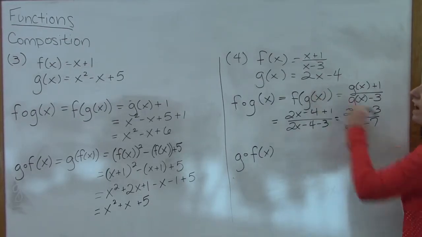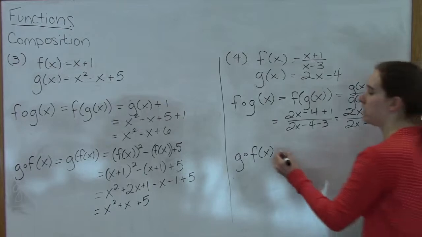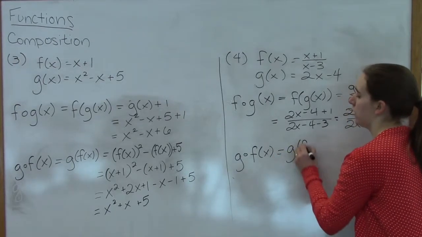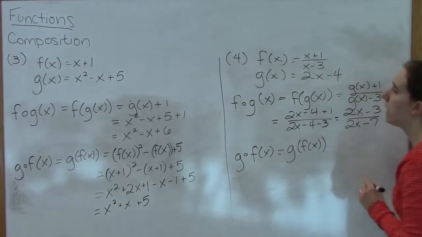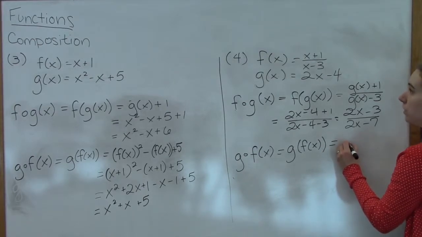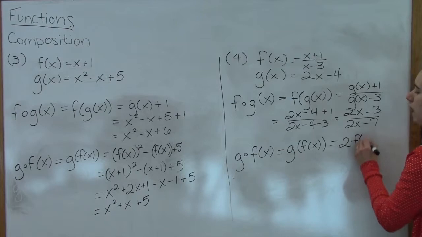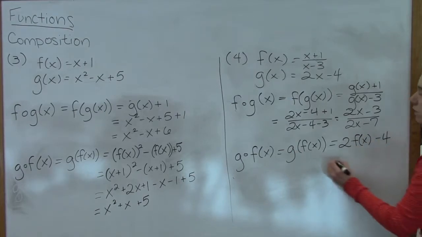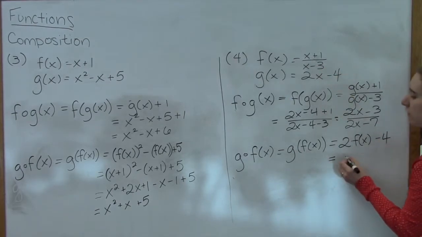Well, in g, I only have one place I'm going to need to substitute f in when f is my input. So I have 2 times f of x minus 4. But f of x is just that function.